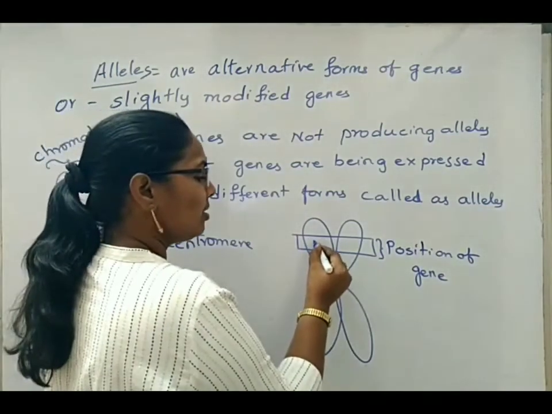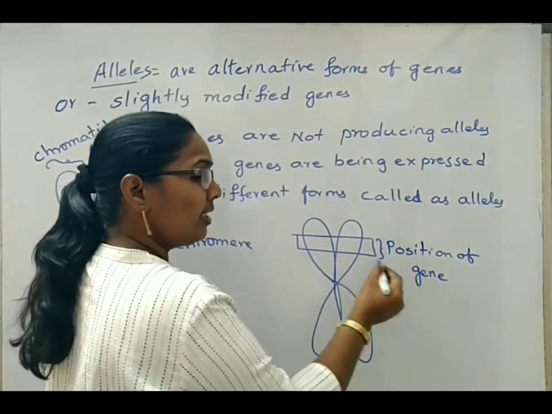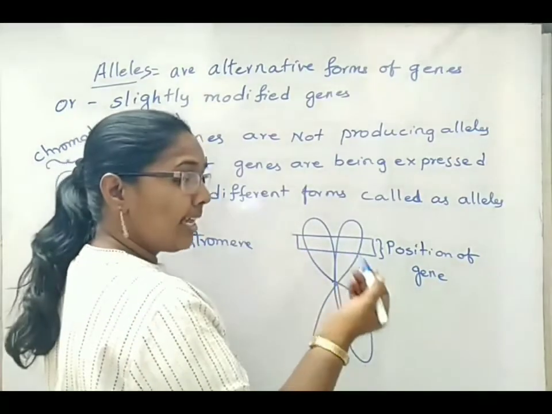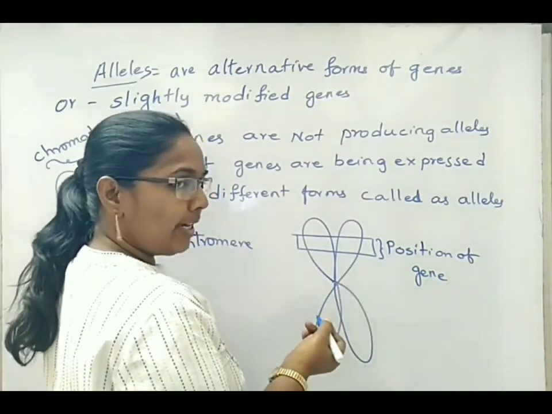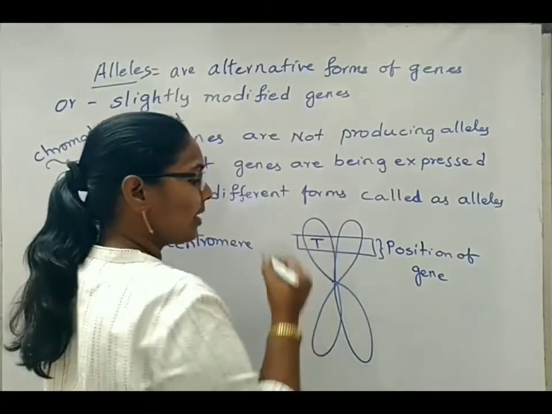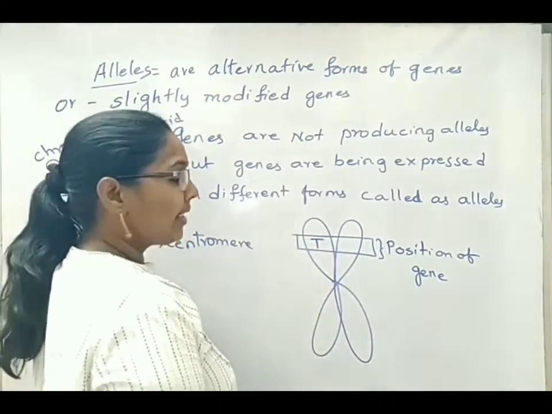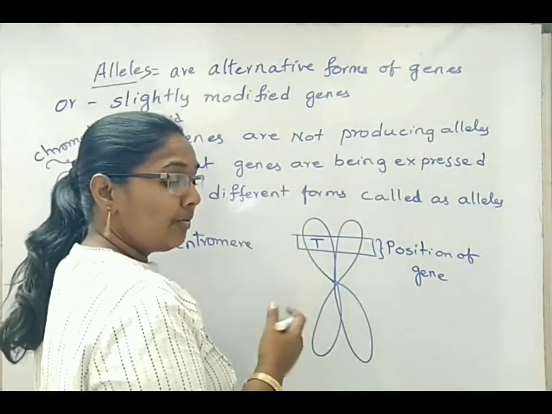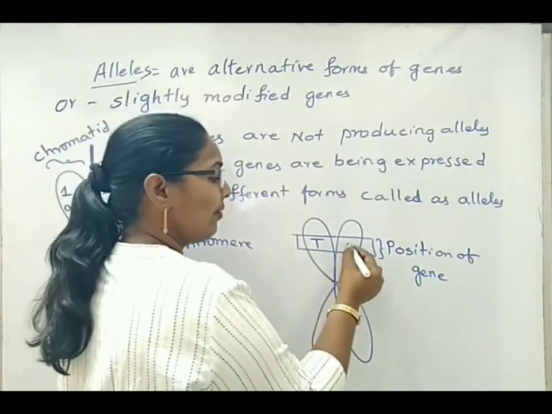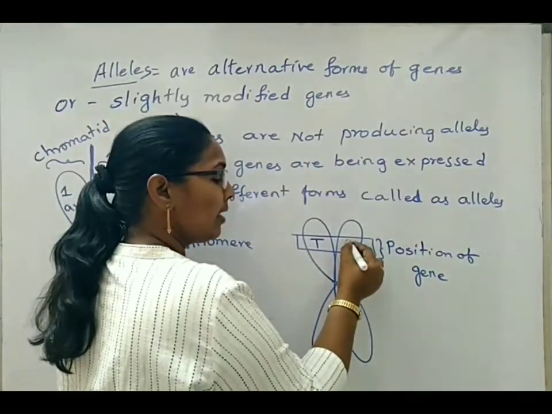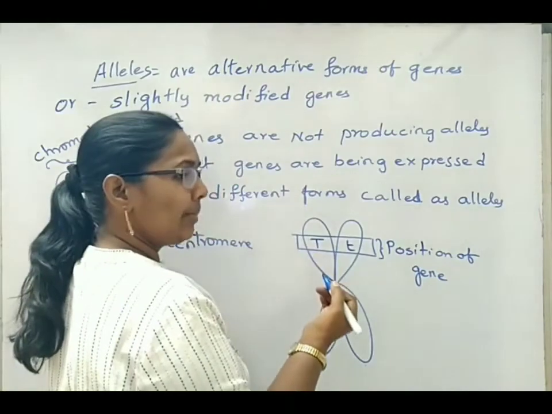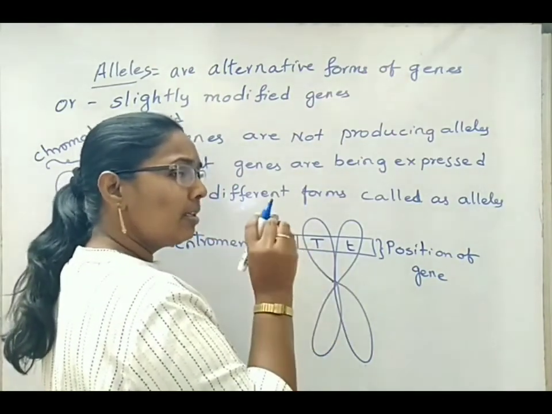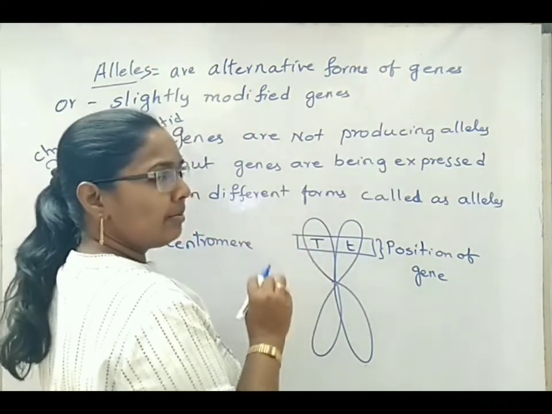Now, suppose this gene is responsible for coding a character like height of the plant, then we can represent it as dominant type, which is responsible for tallness of the plant. We can represent here either small t or capital T based on the genotype of the plant body.